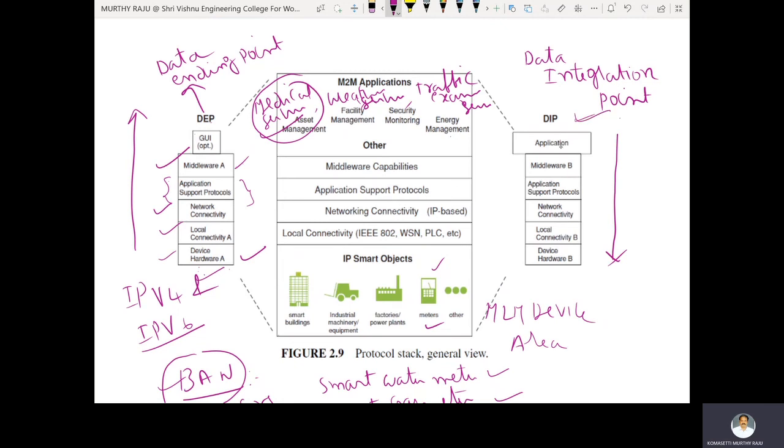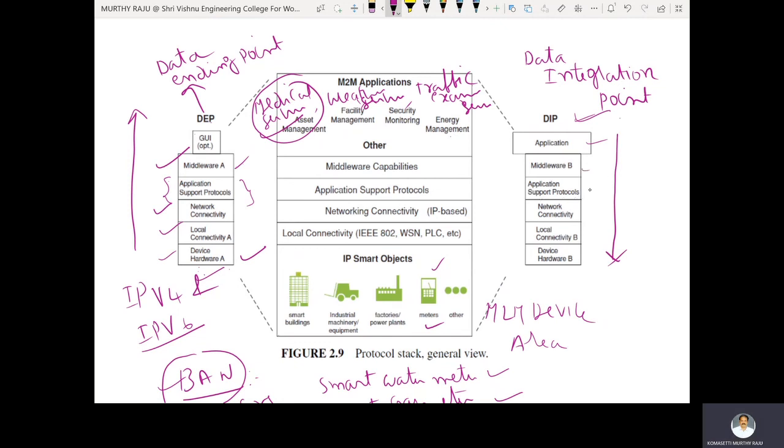Here, data integration point, same application. From that application, suppose in the medical server, in this case middleware B means the doctor extracts the patient's information from the medical server and compares it with the current information. That is middleware B, at the doctor side.